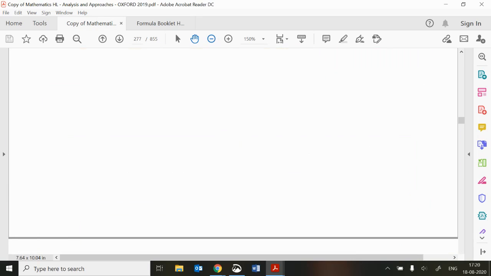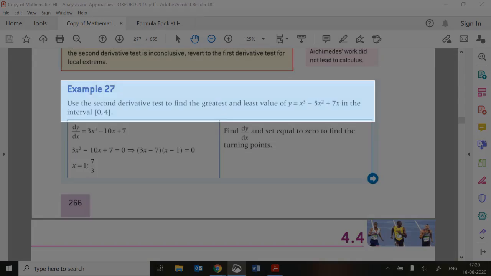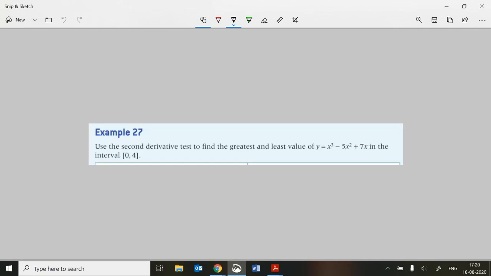So let's just make that a little smaller, and let's take the two questions here. So we've got example 27. Let's use the second derivative test to find the greatest and least value of this in this interval here. So let's do dy dx in terms of x, and we can see we've got 3x squared minus 10x plus 7.